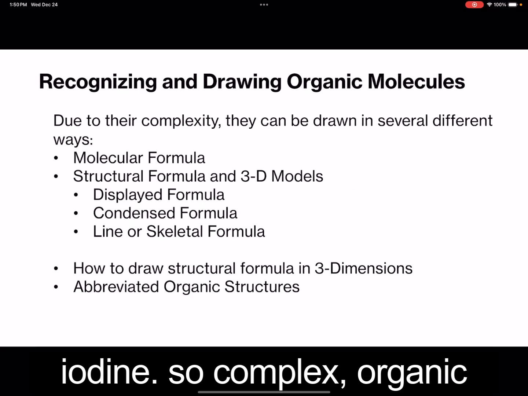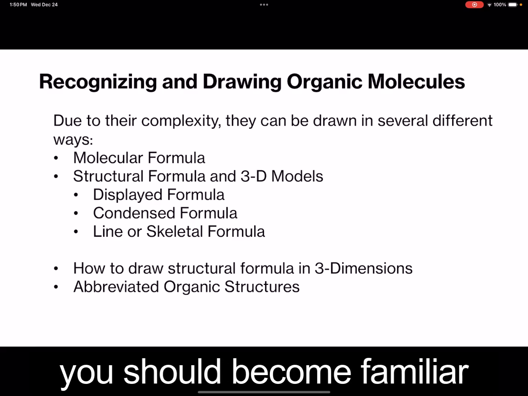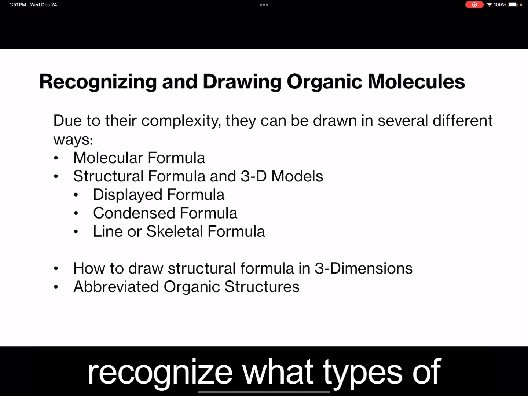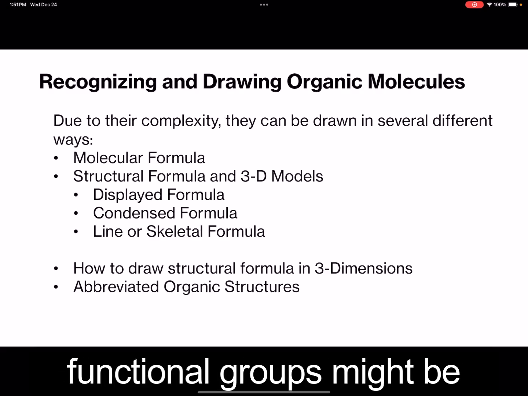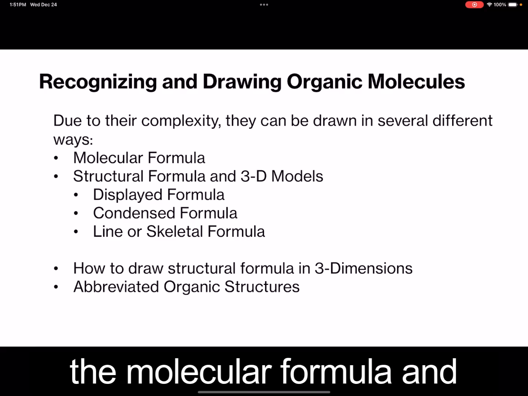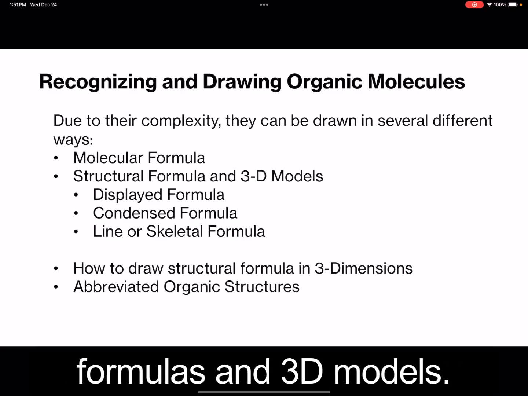So because they're so complex, organic molecules can be drawn in several different ways, and you should become familiar with those different ways so that you can at least recognize what types of functional groups might be present. So you can have the molecular formula, and then you can have structural formulas and 3D models.